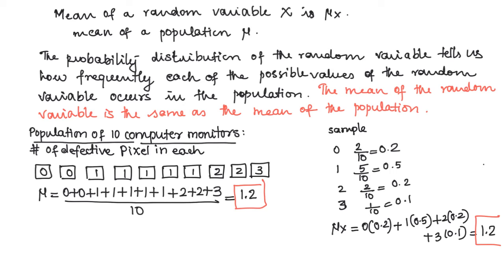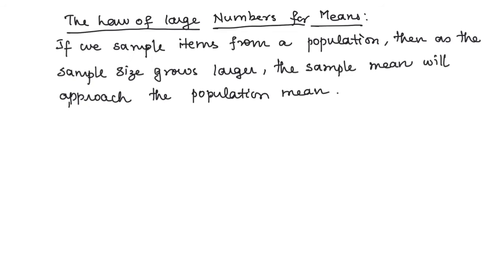This is known as the law of large numbers for means. The law of large numbers for means tells us that for a large sample, the sample mean will almost certainly be close to the population mean. If we sample items from a population, then as the sample size grows larger, the sample mean will approach the population mean.